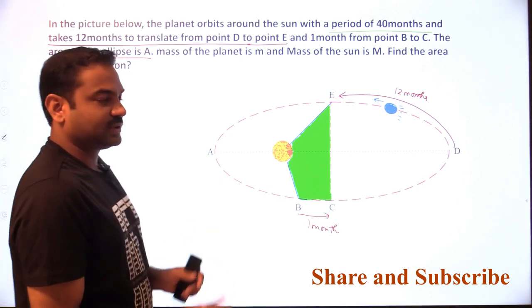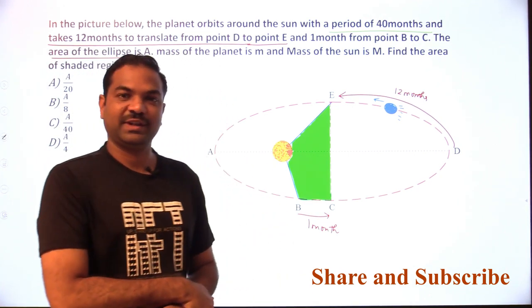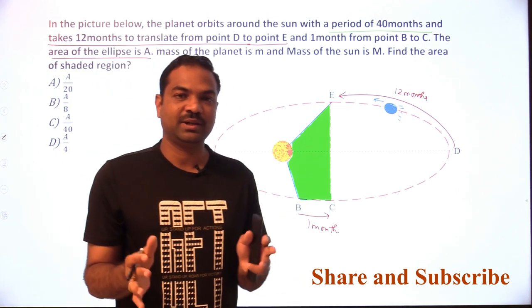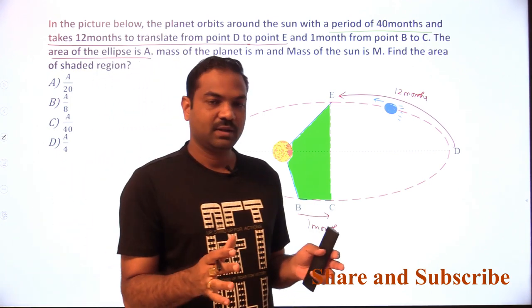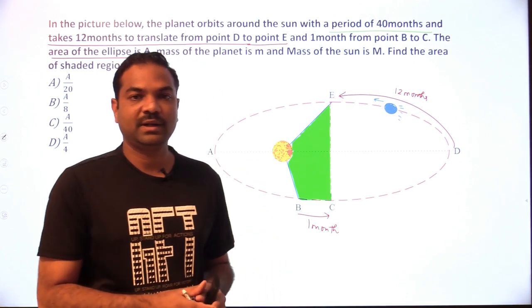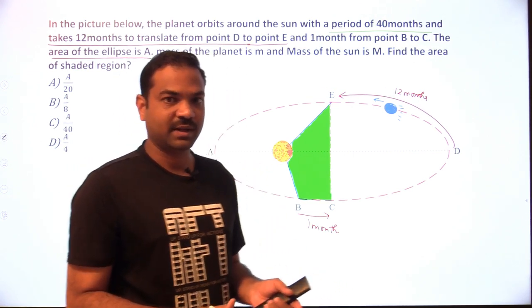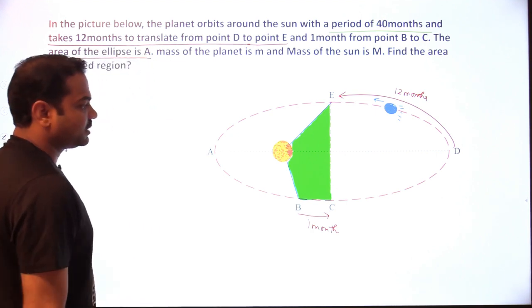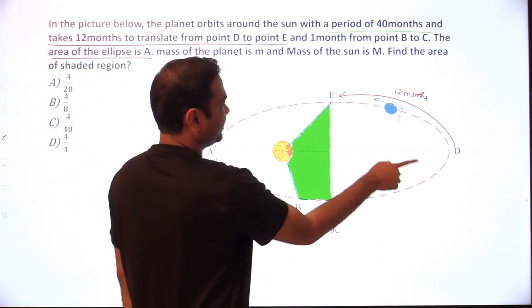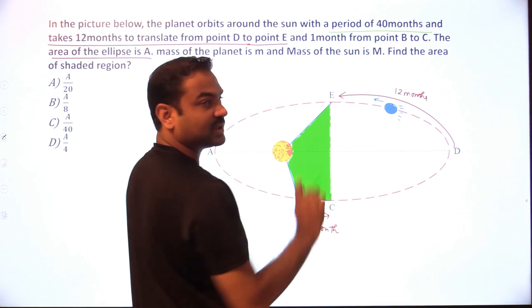So this question is something like the law of areas. By using the second law we can say that equal areas will be swept in equal time intervals. Equal areas are swept by the radius vector. So that is very important. As the planet is going from D to E, how much time is it taking? 12 months.